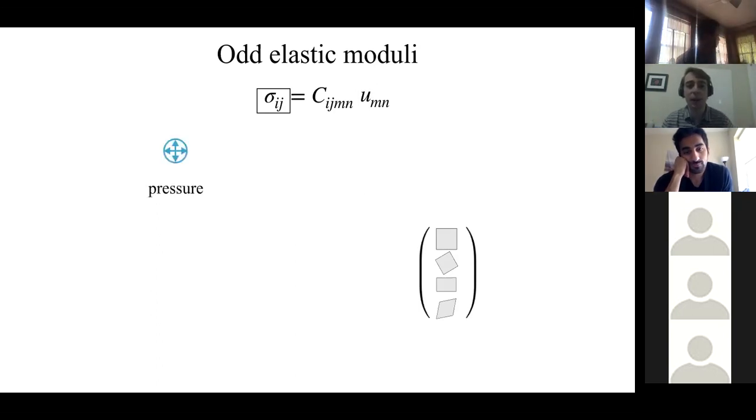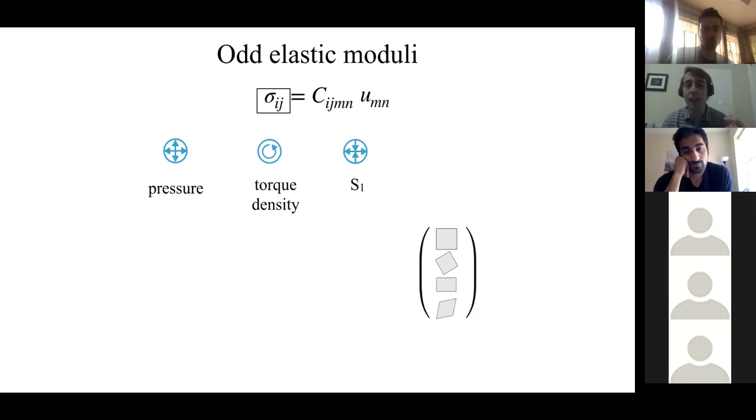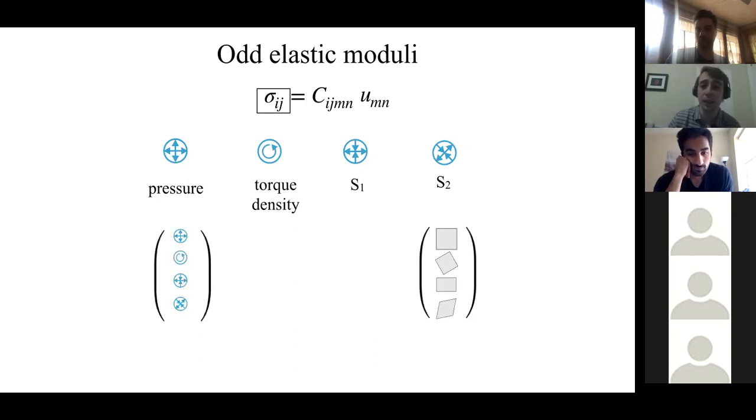So the isotropic part of the stress is the pressure. The antisymmetric part of the stress corresponds to a torque density. And then, of course, there's 2 shear stresses corresponding to the impetus to perform those shear strains. And those can be stacked into a column vector.